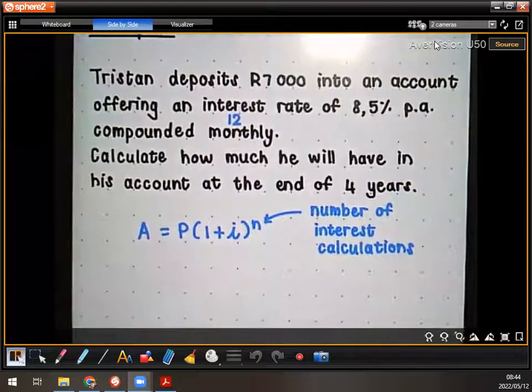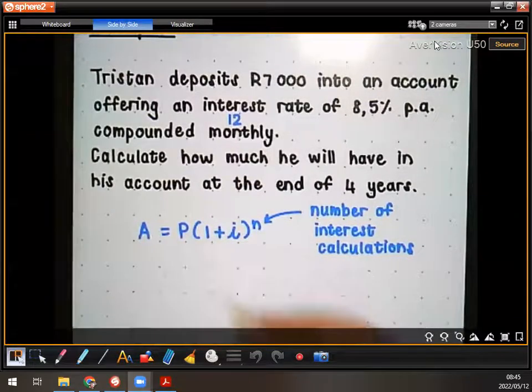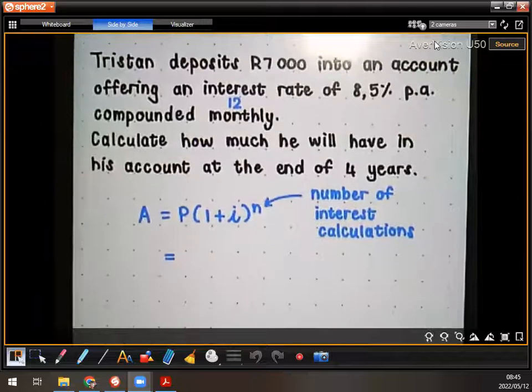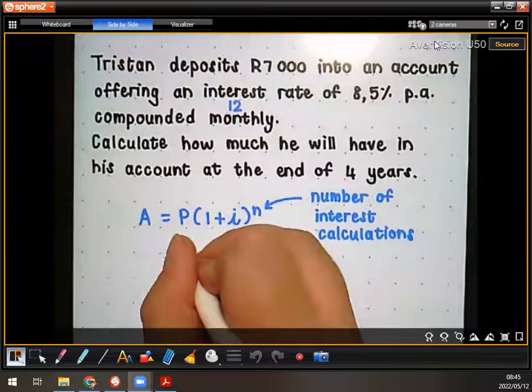If you put n equals 4 there, it's going to calculate how much money is there after 4 months. So you have to put 4 times 12 actually. 4 years that they calculate every month. So 4 times 12, equals. What is the amount that he deposited? 7,000.